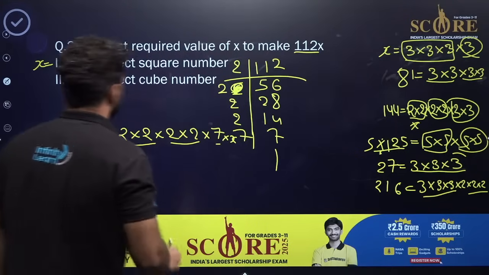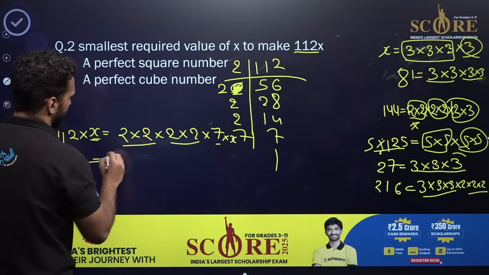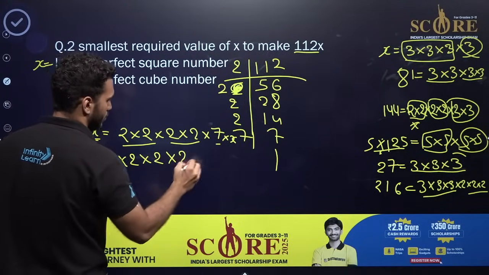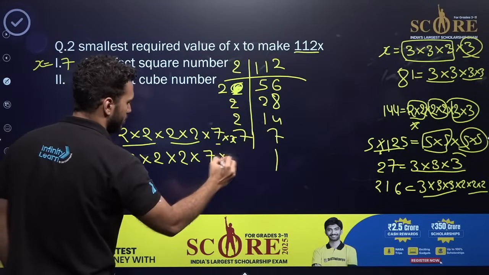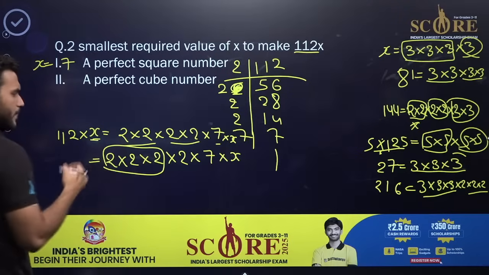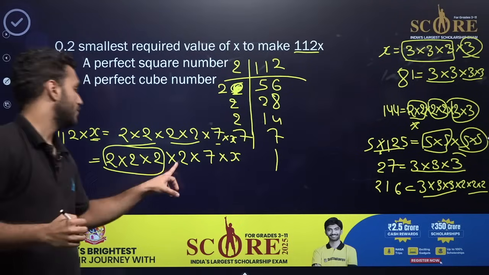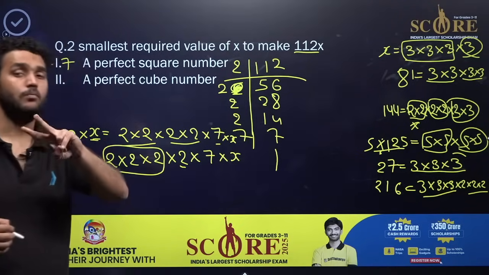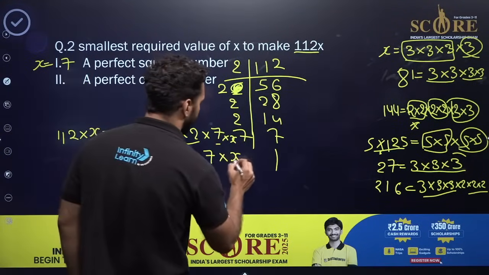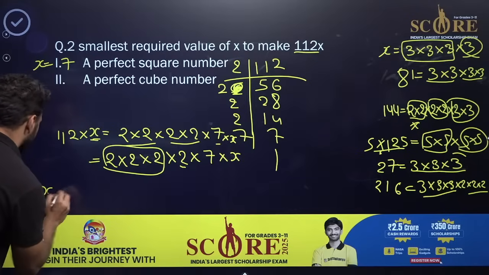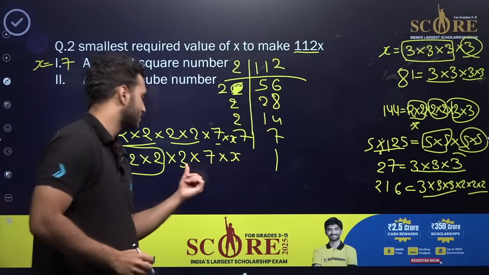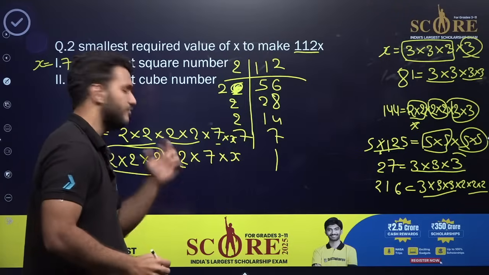Similarly here, what we have is 2 into 2 into 2 into 2 into 7 into x. We have one group of 2s, and we are left with one 2, so we need two more 2s. So x should have at least 2 into 2, which will give a group of 2s.